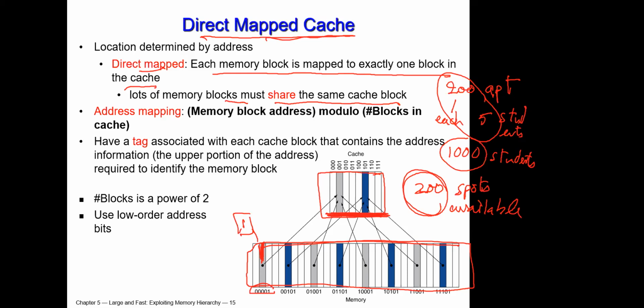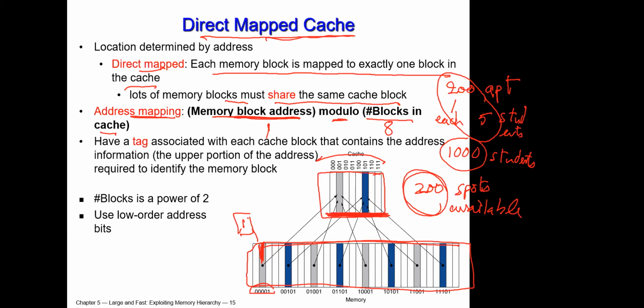What I need to do is plug this number into this formula: memory block address, which is your number as a student, in this case 1, modulo the number of blocks in the cache, which in this case is 8, or in the parking example is 200. So how many spots are available? In the cache, there are 8 spots available. In the parking lot, I have 200.